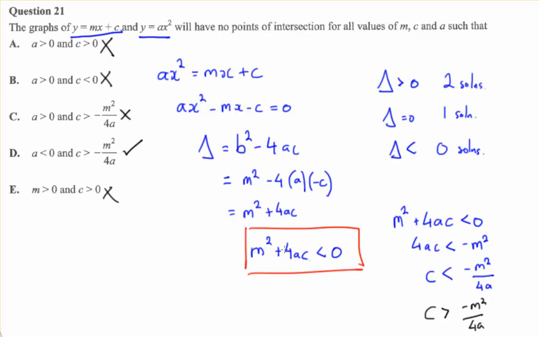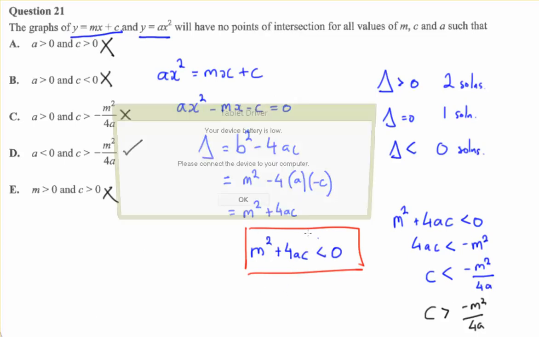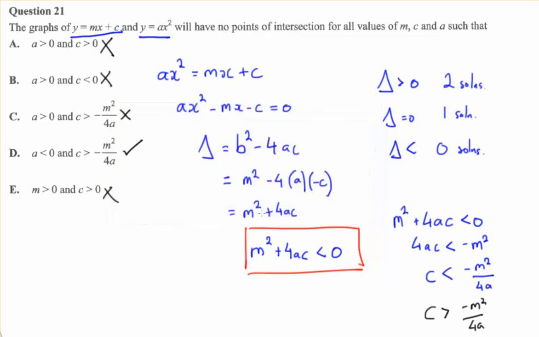Well, that makes sense too, because we want this quantity here to be negative. And if a is negative, c is guaranteed to be positive, so that becomes a negative quantity. So try to unpack that argument on your own, and you should get the answer D.